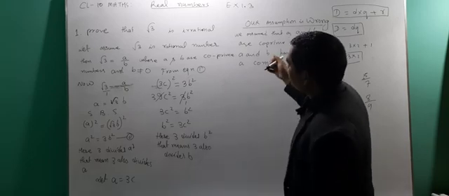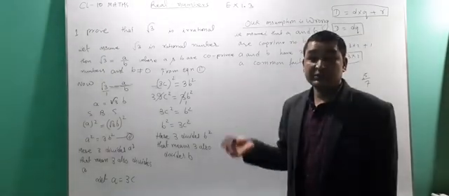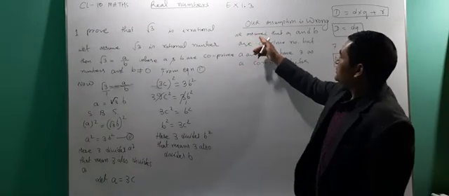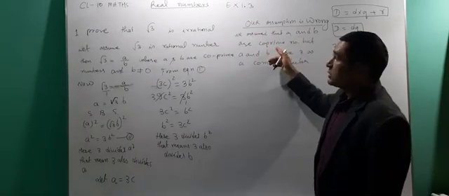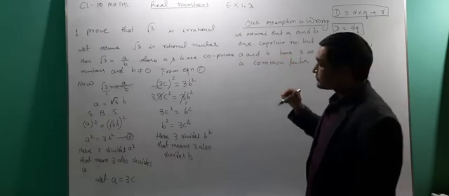Okay, that's why we thought these are not divisible equation, but a and b is dividing by 3. That means they have common factor 3. Here we assume that a and b are co-prime number, but a and b have 3 as a common factor.